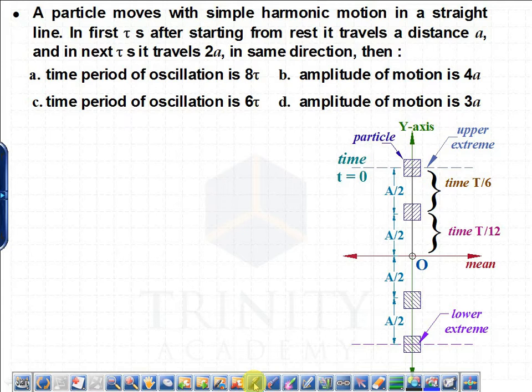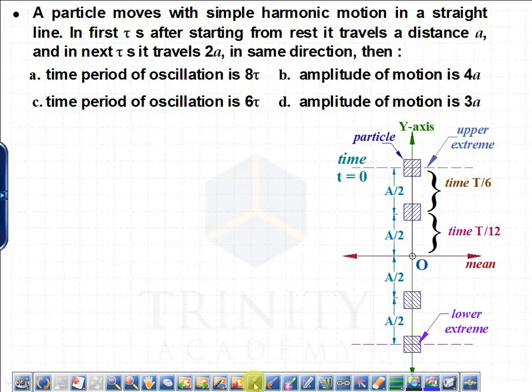This problem is meant for the basic concept related to simple harmonic motion. If we try to understand the problem on that basis, we should know one fact in SHM.